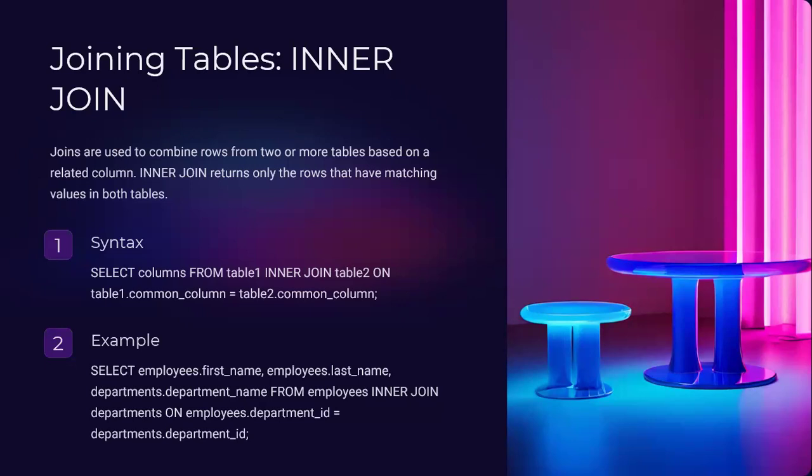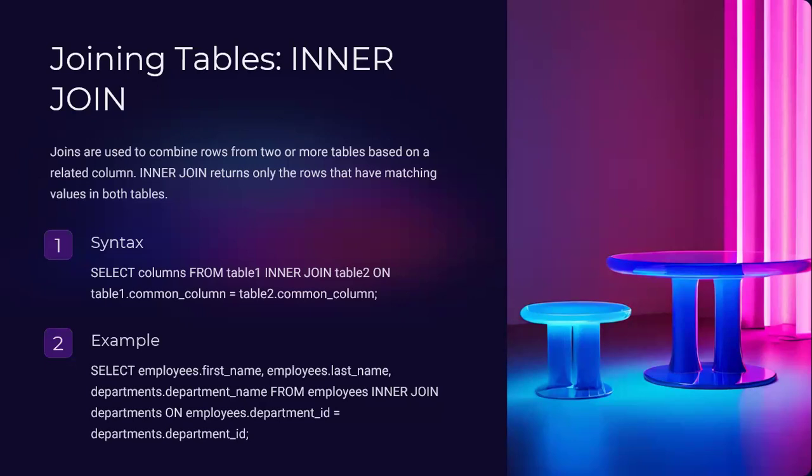And there are multiple types of joins. We have inner join, left join, right join, full join, cross join, and self join. Their syntax is a little bit different. Only the keyword is changed, and there is a difference in getting the records.